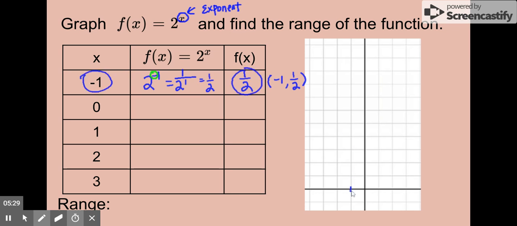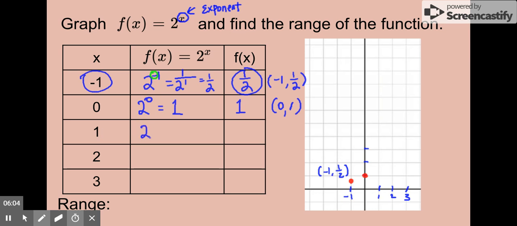I'm going to have -1 here, 0, 1, 2, and 3. Let's go up by 1. 1/2 is going to be here, right? So this is -1 and 1/2. When you plug in 0, 2 to the 0 power, what is anything to the 0 power? 1. So 0, 1.